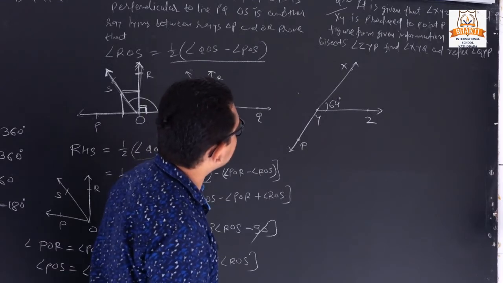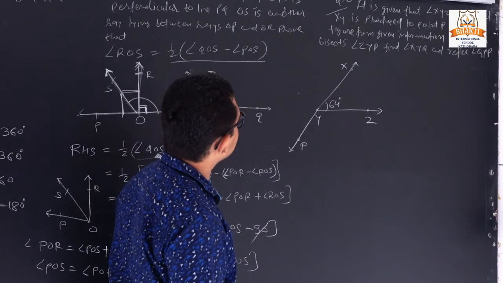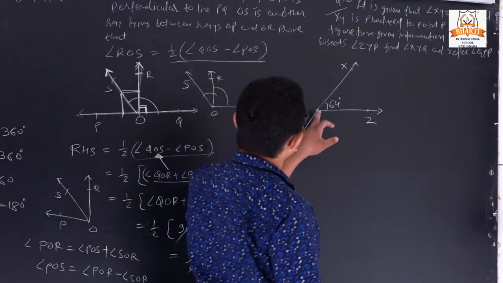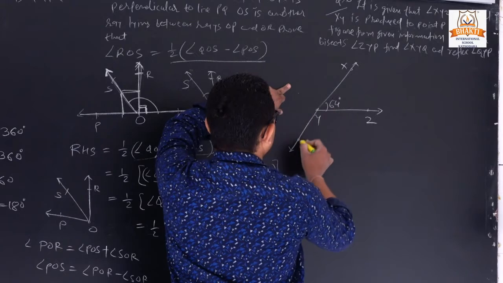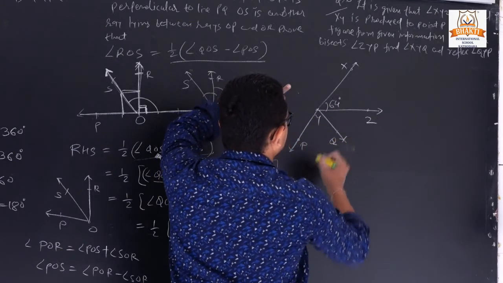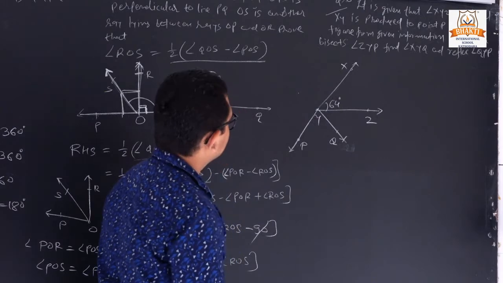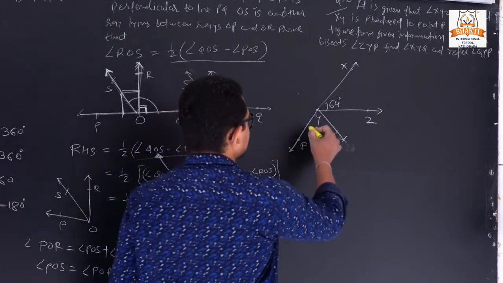And from the given information, YQ bisects ZYP. So where is YQ? YQ bisects here. Clear? So a bisector means what?